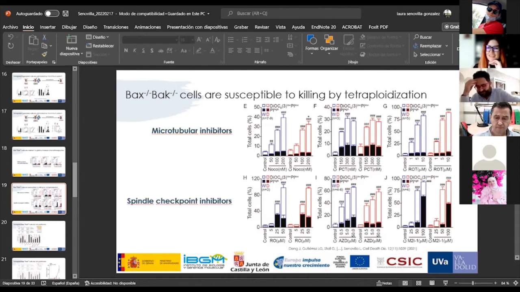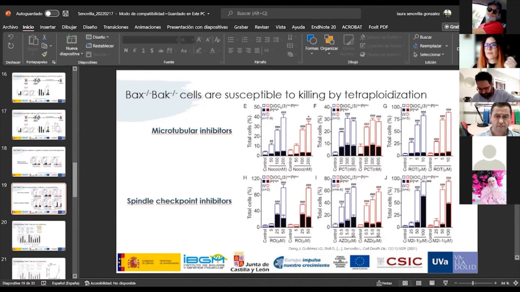And then the other question, the main question actually: what about P53? You didn't say here, but when we do not have P53, we even encourage and facilitate tetraploidization. So what about the P53 status in your study? Yeah, as you said, P53 is the main protein involved in the tetraploid checkpoint.